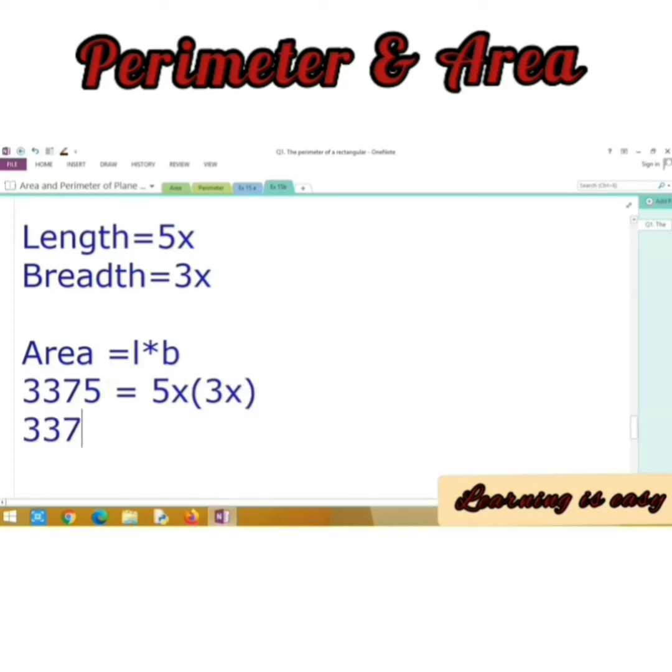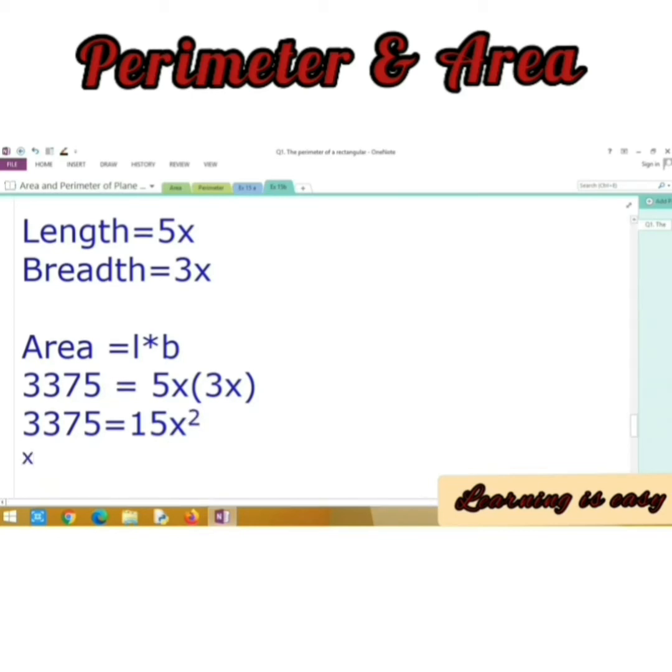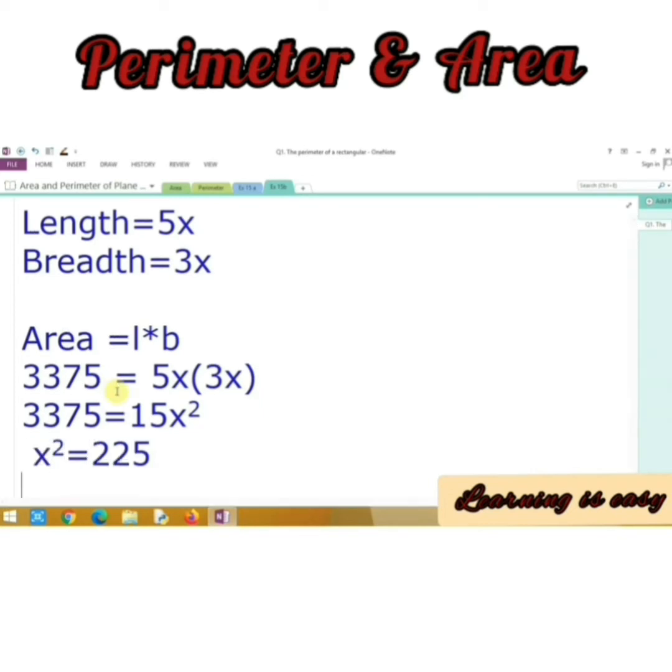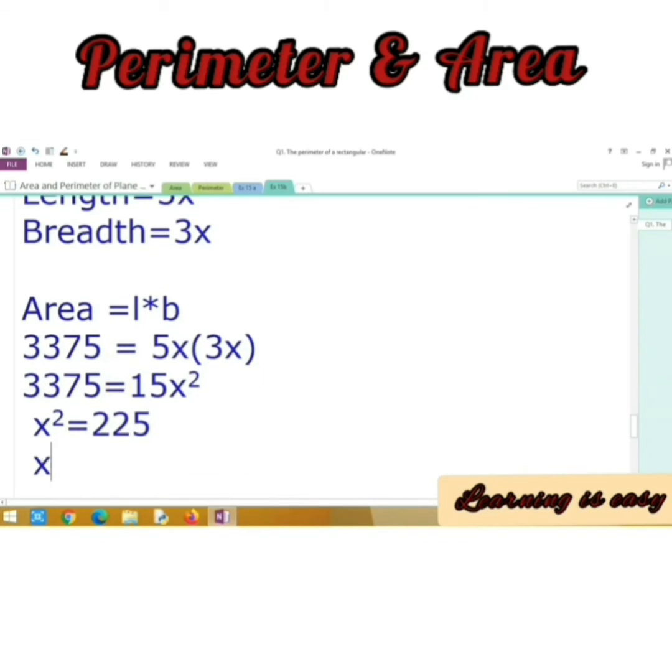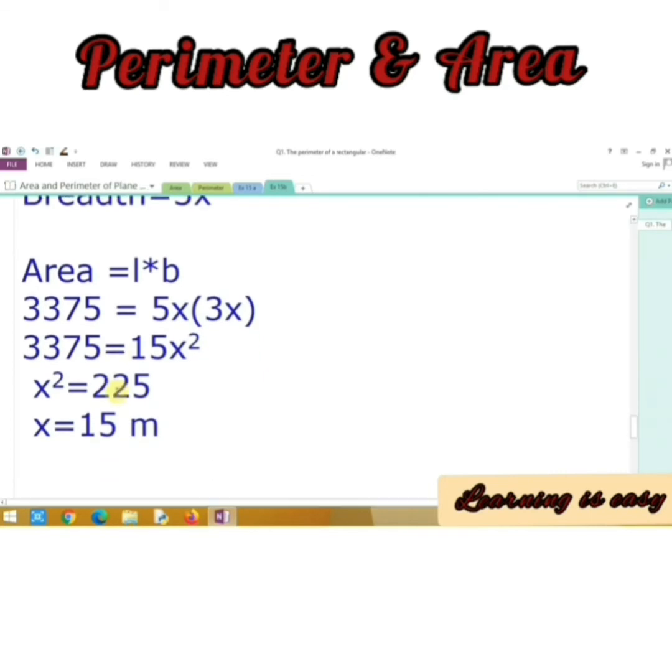So that's going to be 15x square. As they are given in ratio, they are not the actual numbers. x square equal to 225. x is going to be square root of 225, which is 15 meter.